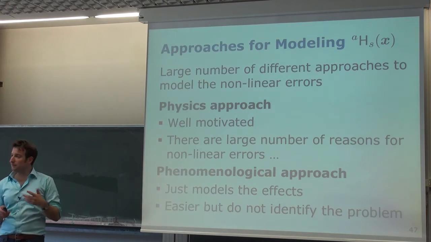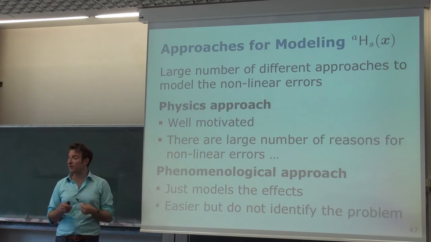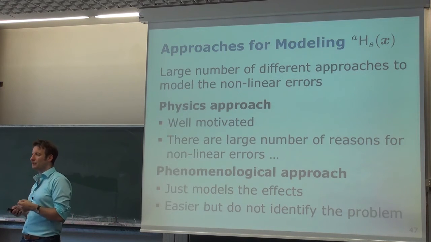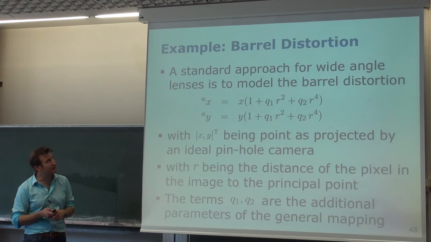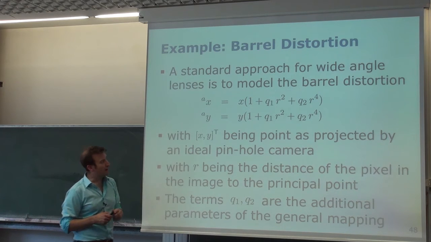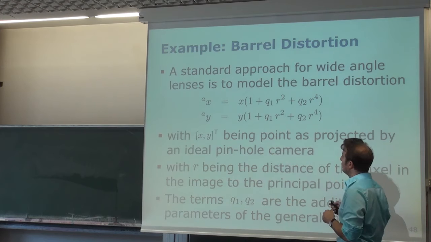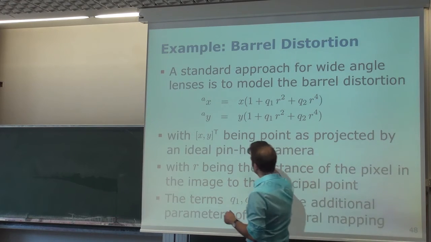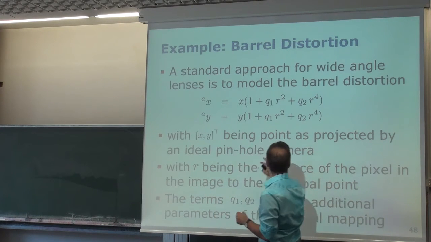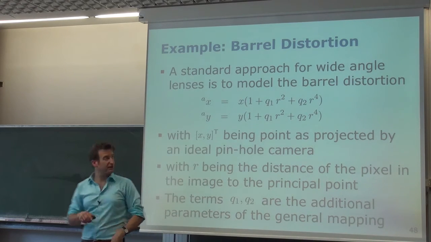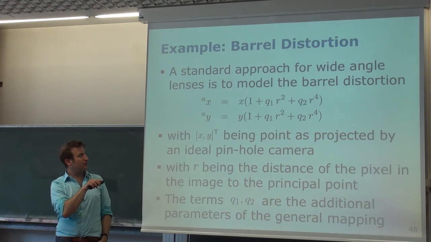One example of just fitting a function and hoping to get rid of the effects that we can actually see over here is something I can do for a barrel distortion. So I do a mapping of an image point, the point after the ideal pinhole projection. Then I just shift this point.